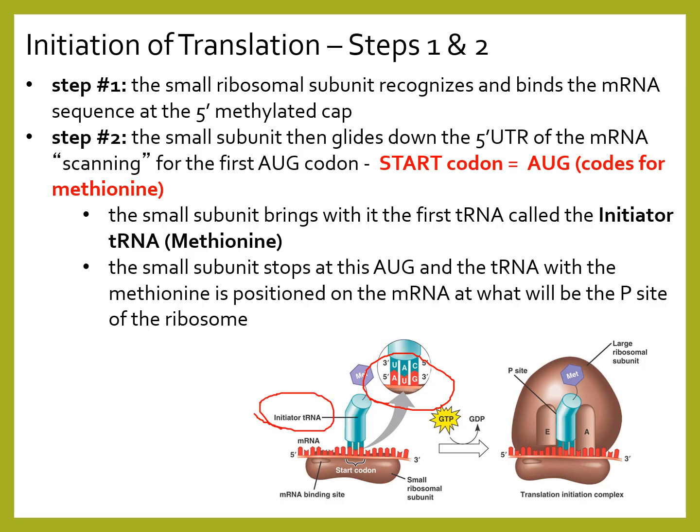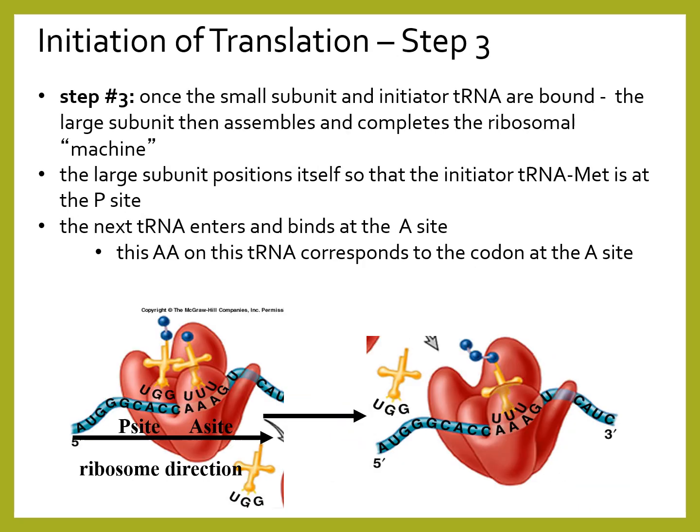It is gliding along the 5' UTR because it's being carried by the small ribosomal subunit. The small ribosomal subunit stops at the very first AUG, and that initiator tRNA is positioned right there where it's supposed to be. All we need to do now is just add our large ribosomal subunit, and the initiation of translation is done.